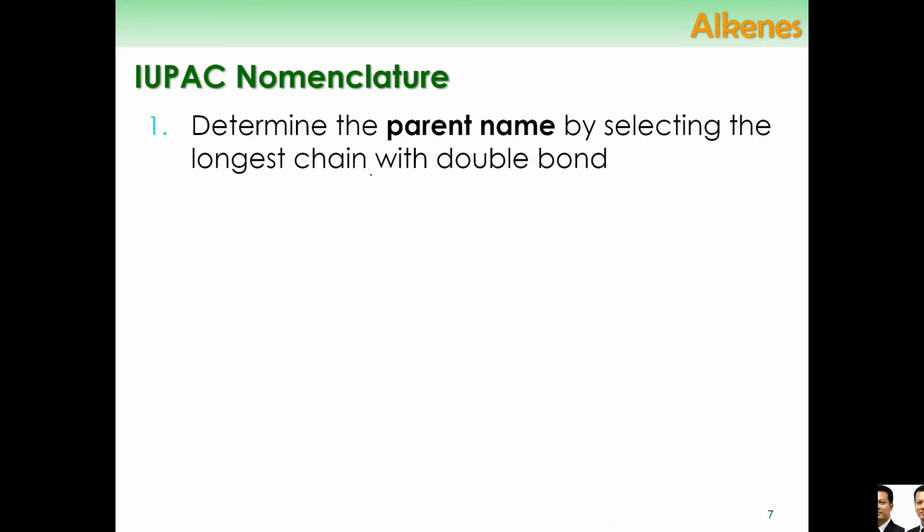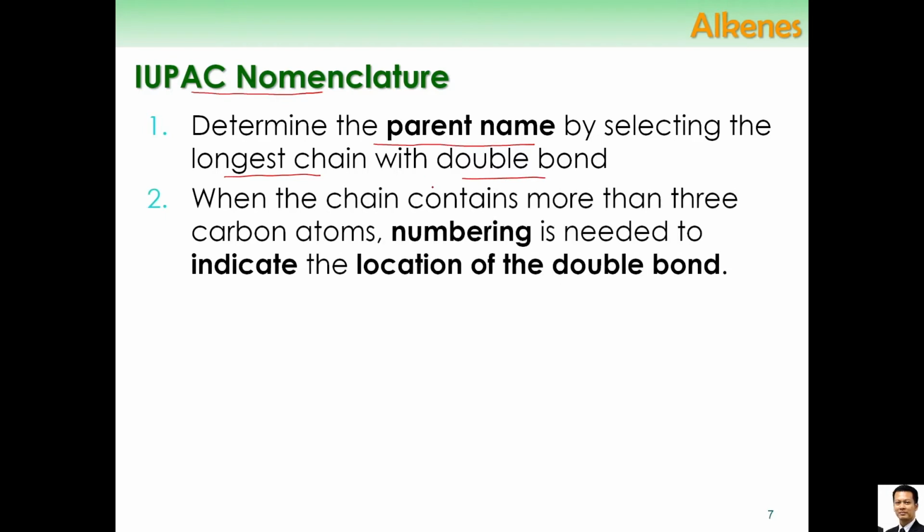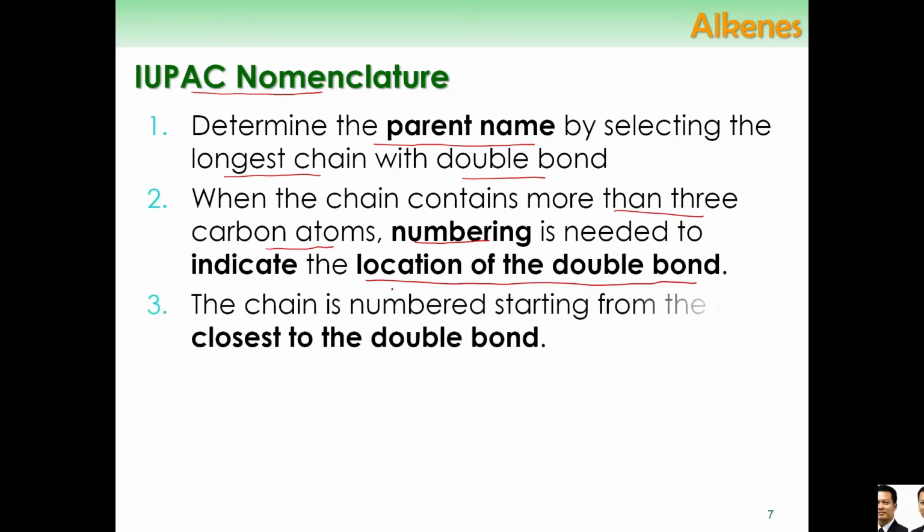Okay, so how do we name an alkene using IUPAC nomenclature? The first thing, you need to determine the parent name by selecting the longest chain with the double bond. When the chain contains more than 3 carbon atoms, numbering is needed to determine the location of the double bond. The chain is numbered starting from the end that is closest to the double bond.